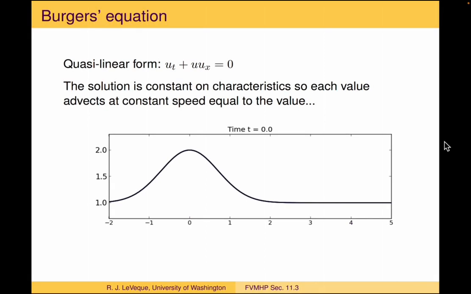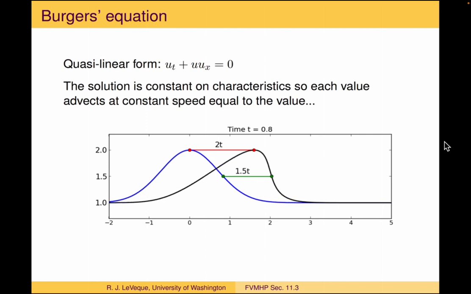Or another way to look at it, in this frame in which we're looking at the solution as a function of x, as it starts to propagate, the peak is traveling at velocity 2, whereas this point down here that's only halfway up the peak, where the value of u is 1.5, is moving only at speed 1.5, and so it's moving more slowly.